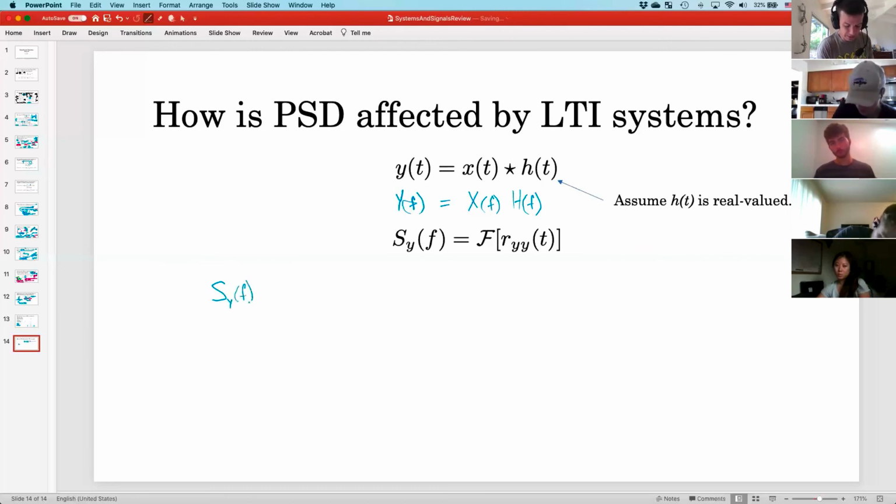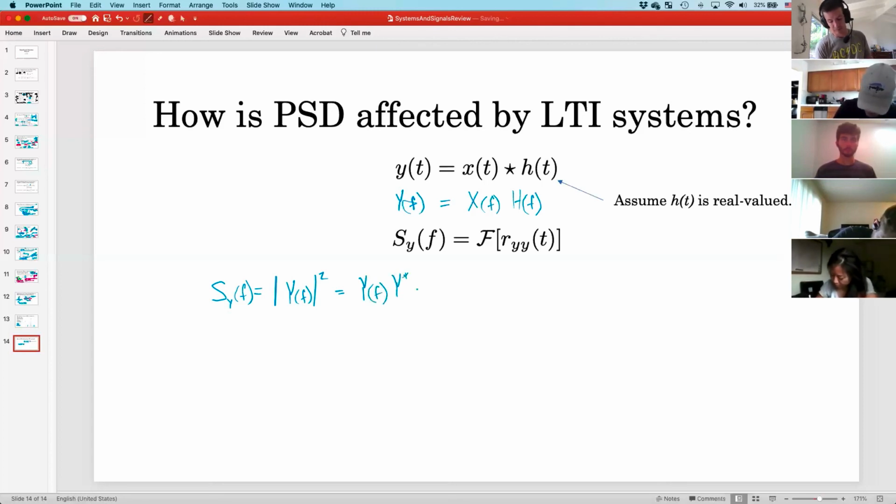The power spectral density has another property, so S sub Y of f. Remember, we defined it as the magnitude squared of the Fourier transform. Another way to write magnitude squared is take the number, or in this case the function, and multiply it by its complex conjugate. Sorry, that's an f. Okay, but we have an expression for Y of f, which means we have an expression for its conjugate.